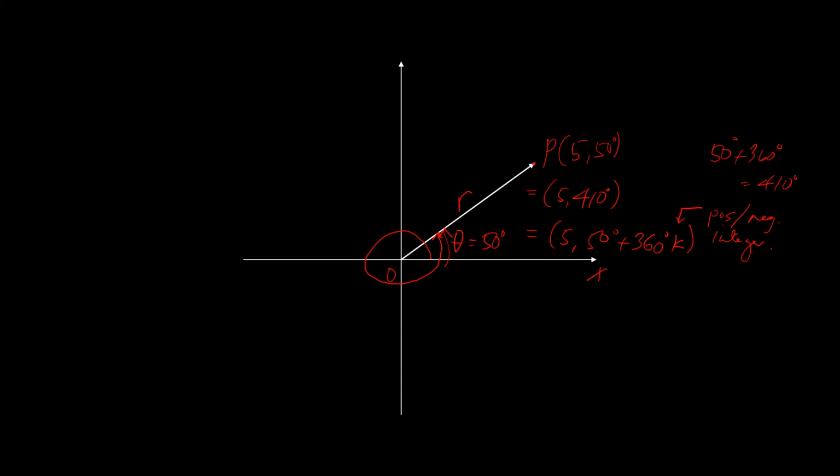Another is this. If we measure this angle from the polar axis in the counterclockwise direction, that will be equal to negative 310 degrees. So another pair of coordinates for that same point P will be 5, negative 310 degrees.